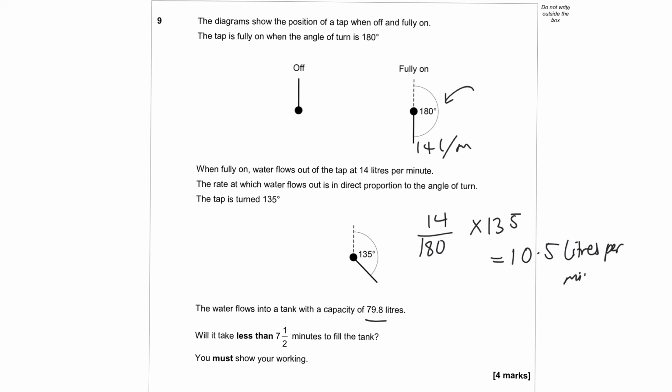So I know that when it's at 135 degrees, that's its rate. Now I want to see how long it would take to fill up 79.8 liters at this rate. So I'm going to do 79.8 divided by 10.5. That will tell me how many minutes it will take to fill up that tank. I put that into my calculator, and that gives me an answer of 7.6.